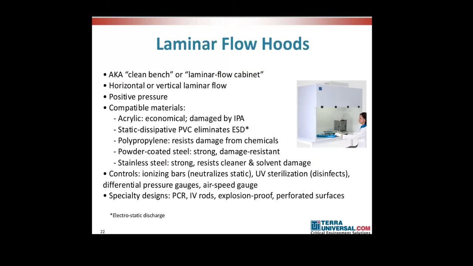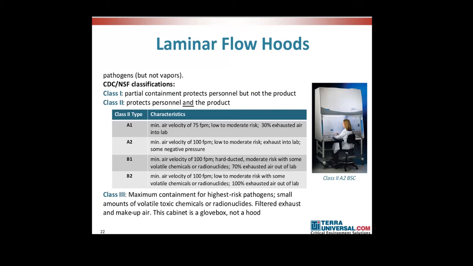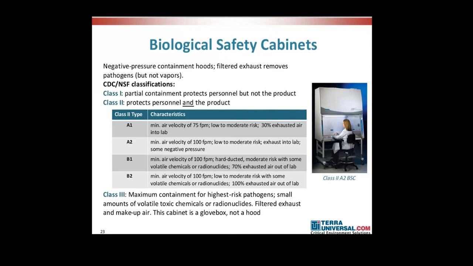Now, if you are compounding hazardous CSPs, the design that we would recommend for you would be a biosafety cabinet, and specifically a Class 2 B2 biosafety cabinet. Now, this may, on the outside, look like a laminar flow hood. It does maintain ISO 5 conditions within the work area, but rather than the air passing the operator as it leaves the hood, it is diverted, filtered, and ducted through the back of the unit and can be brought into an air scrubber or brought directly out of the facility.